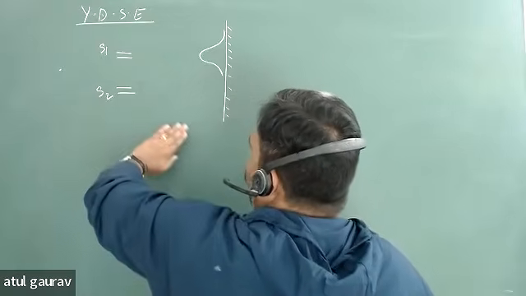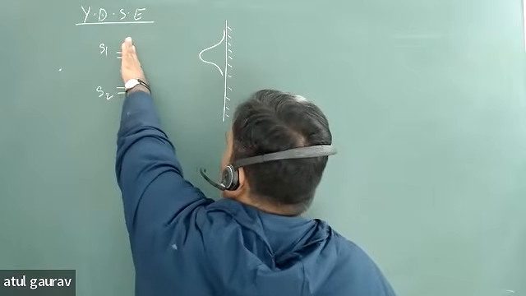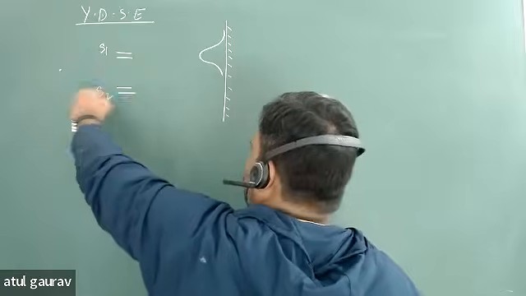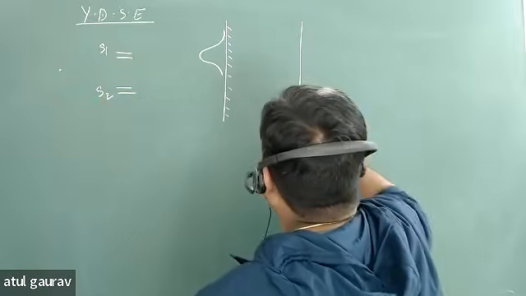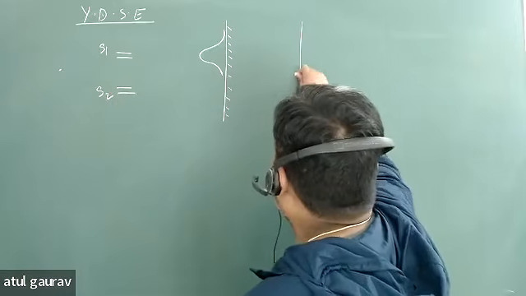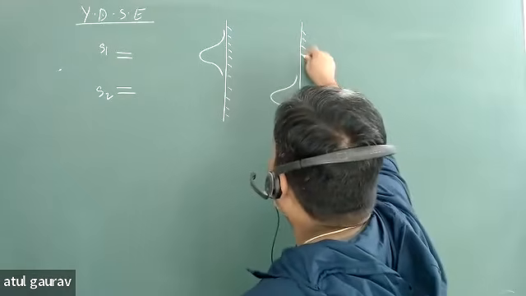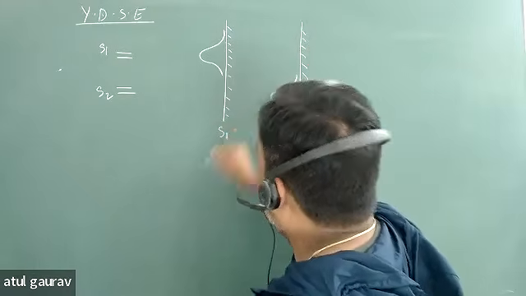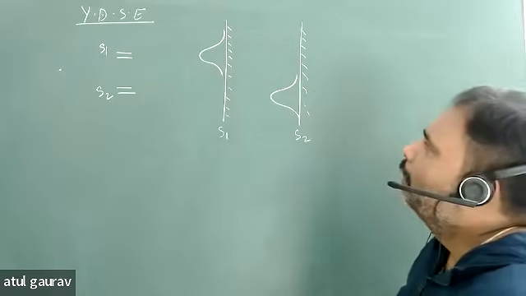Now again, I am going to cover slit S1 and allow light to pass through S2. Then what will happen? All the light passes through S2 and you will have this type of intensity, isn't it? ये आपको कब मिल रहा है? जब S1 ओपन है. ये आपको कब मिल रहा है? जब S2 ओपन है.